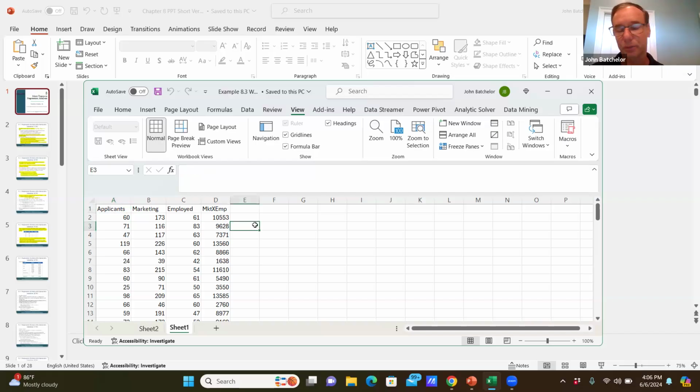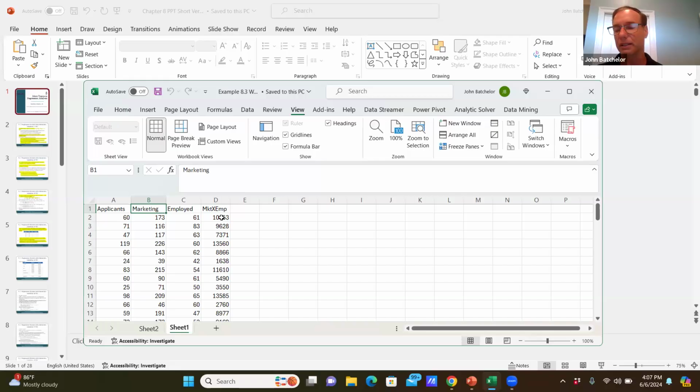Last week we took what we're trying to predict, our Y variable, applicants. And then we would use 2 columns of data to try to predict applicants. So these would be our X variables, marketing and employed. But what we're doing today is we're saying, maybe you can multiply these 2 things together.